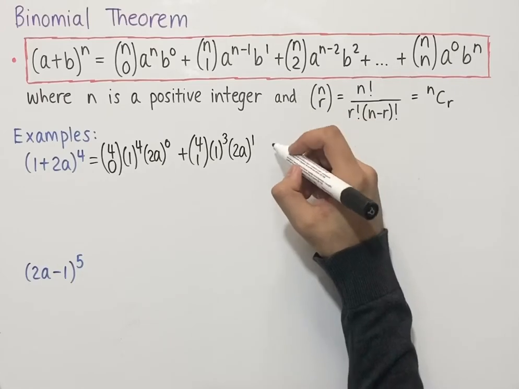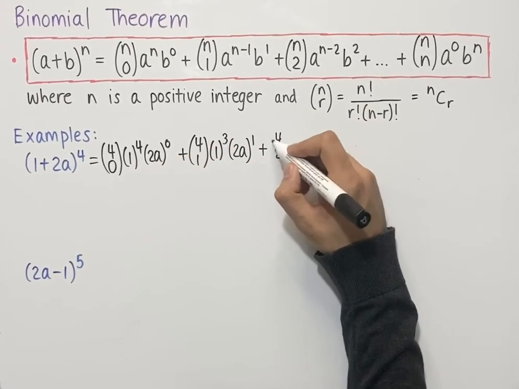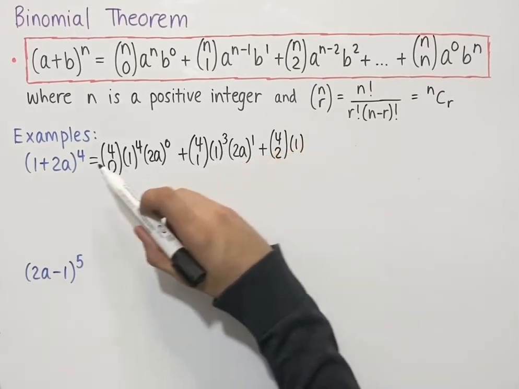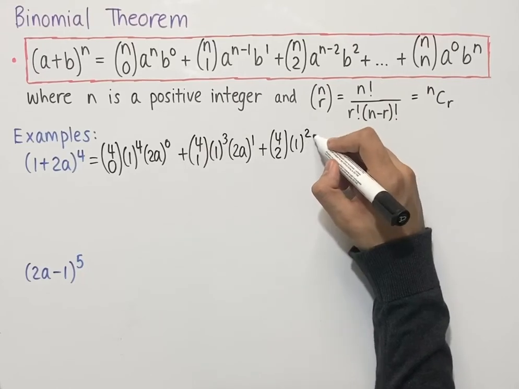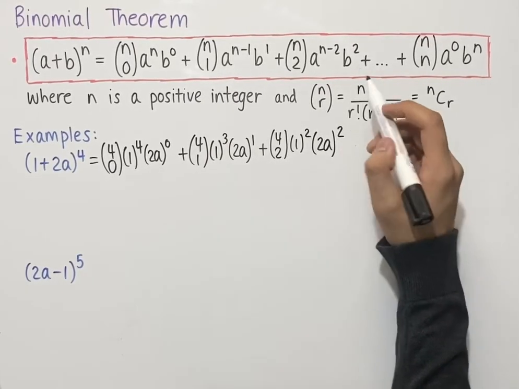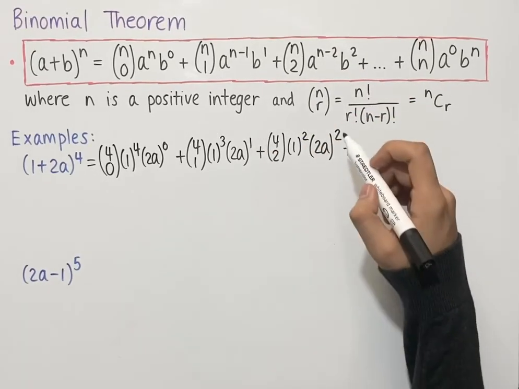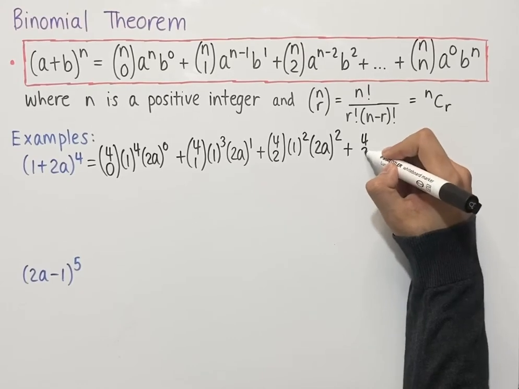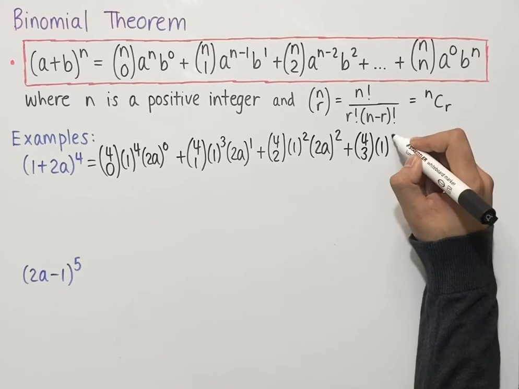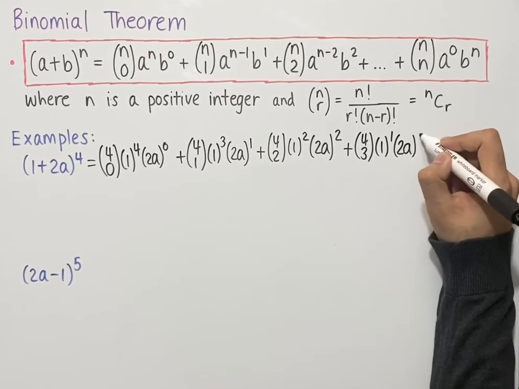Our next term is n choose 2, so in this case 4 choose 2, and then we multiply this with 1 to the power of 2, since 4 minus 2 is 2, multiplied by (2a) to the power of 2, since we have b to the power of 2 here and our b is 2a. Our next term is 4 choose 3, multiplied by 1 to the power of 1, multiplied by (2a) to the power of 3.